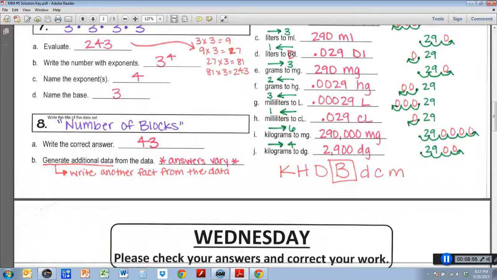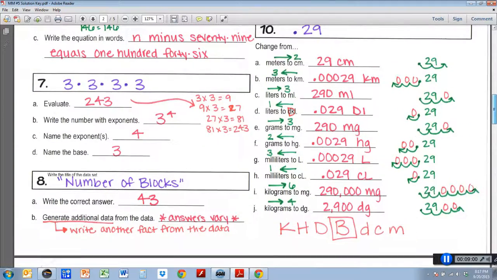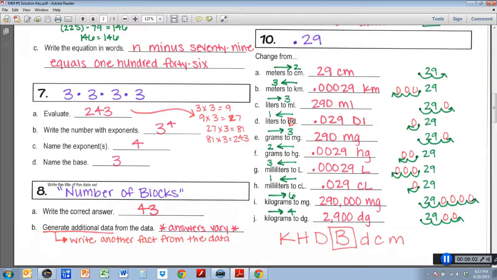So all you have to do in order to convert through the metric system is to start with your number, 0.29 in this case, and then we just look to see how many times we need to move our decimal point. So meters to centimeters, that means that's our base, and we're going to the little c.